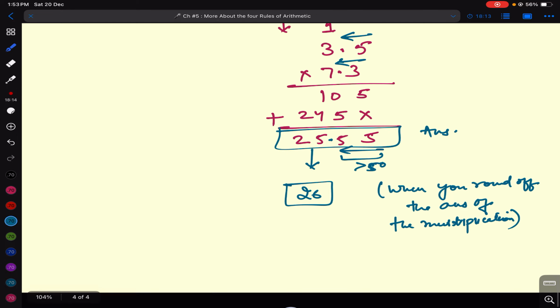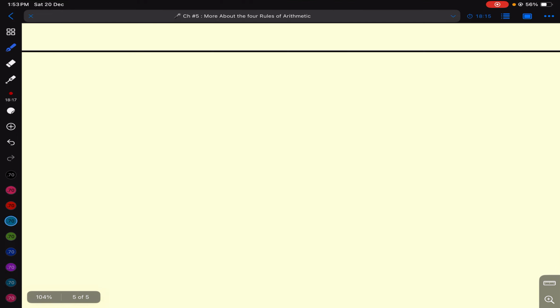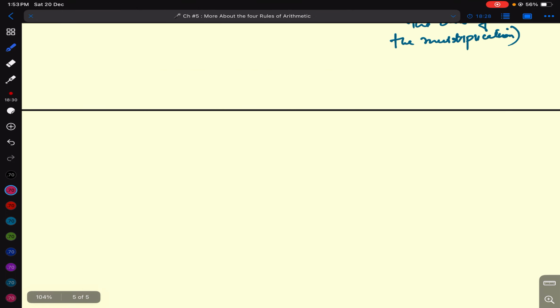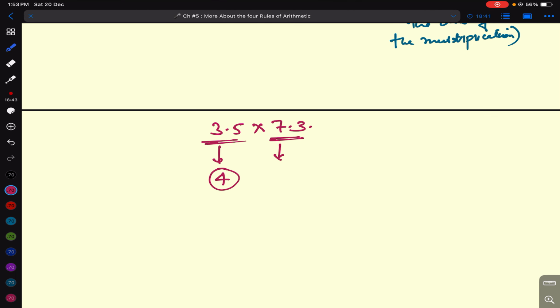Similarly, suppose you didn't choose to round off the answer, rather you chose to round off the numbers which were part of the multiplication. So let's do it in a different way. Your numbers were 3.5 multiplied with 7.3, right? Let's round them off individually and then multiply. The first one is rounded off to 4, and the second one to 7.